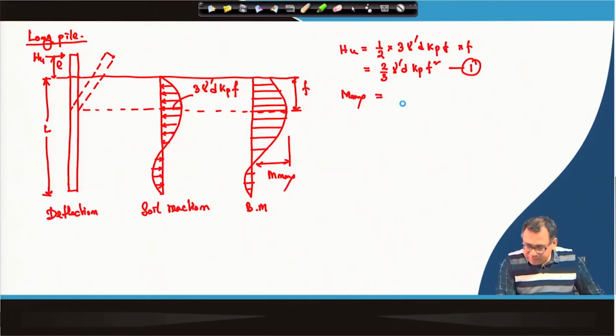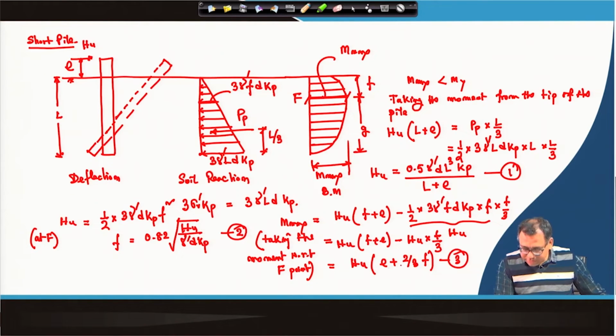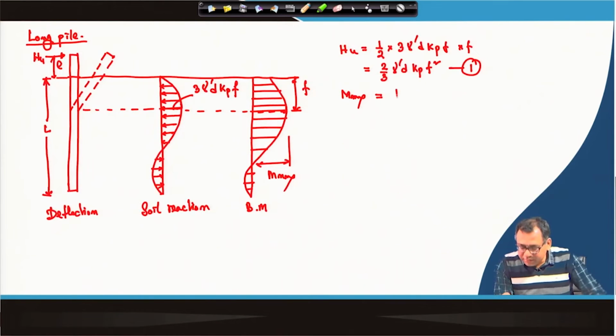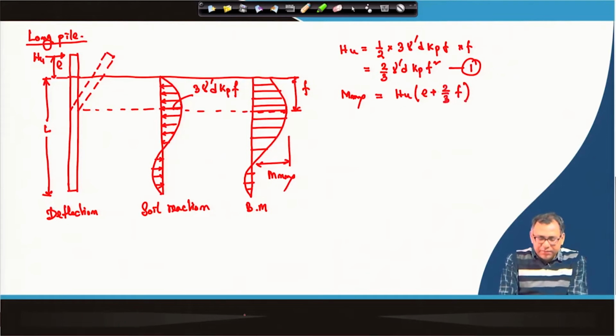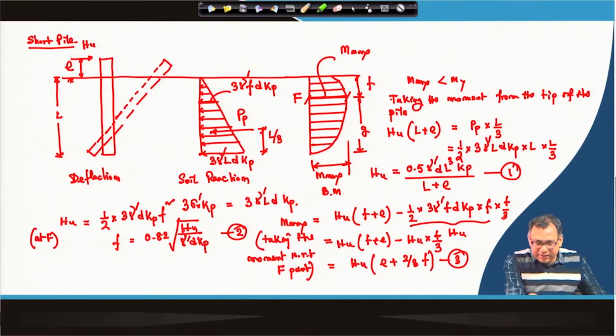Equation 3 is what? Equation 3 is H u e plus 2/3 f. Why equation 2 is also valid? Because we are taking moment at this point f, because where the maximum moment is acting, and as we assume this is more or less in linear distribution, which is same as this point for the short pile.